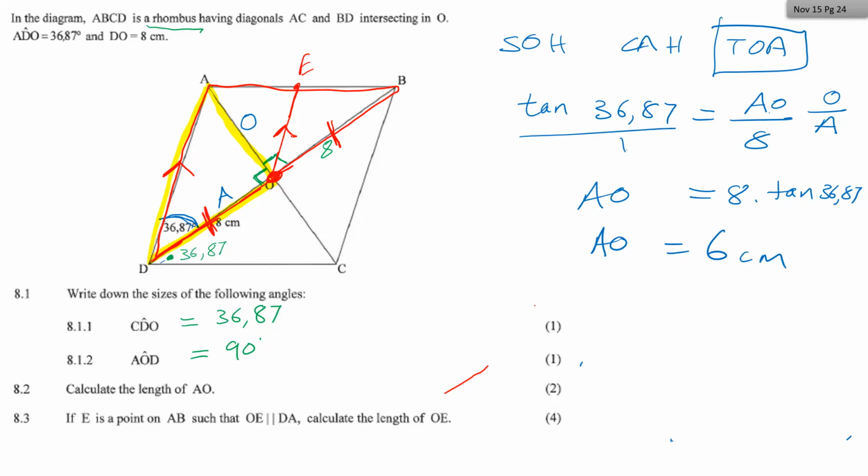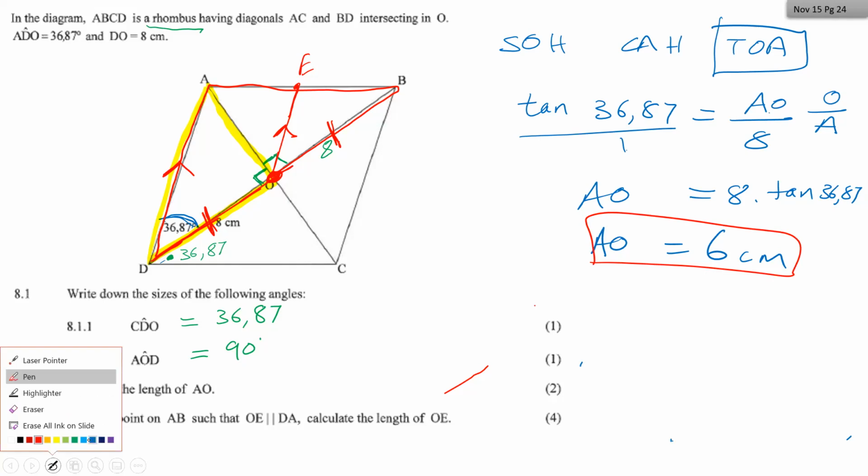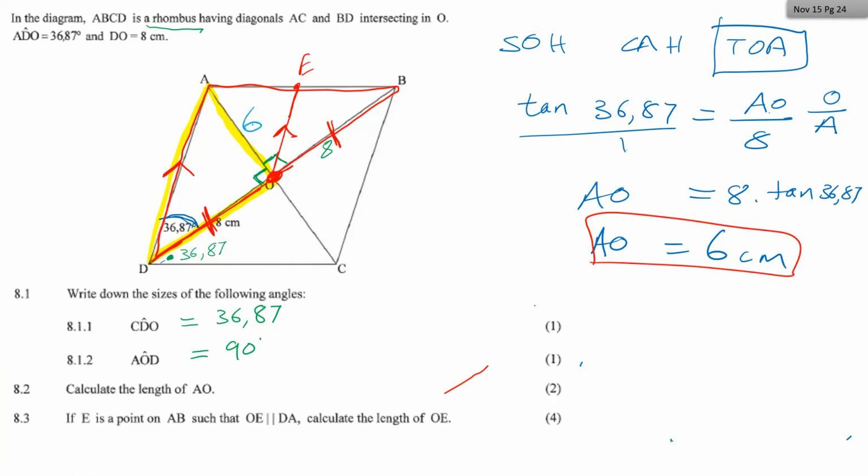So the actual answer here is, if we're looking for OE, now at this stage, do we know what OE is? Let's quickly put in OA. In the previous question, we found AO, and I'm just going to take out the tour now because we finished with it. And then we found AO to be 6.